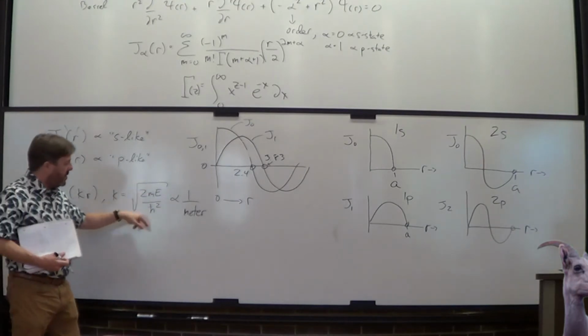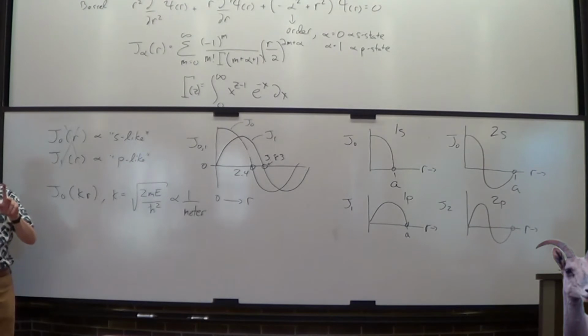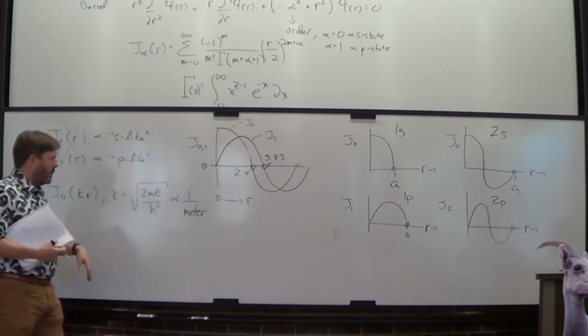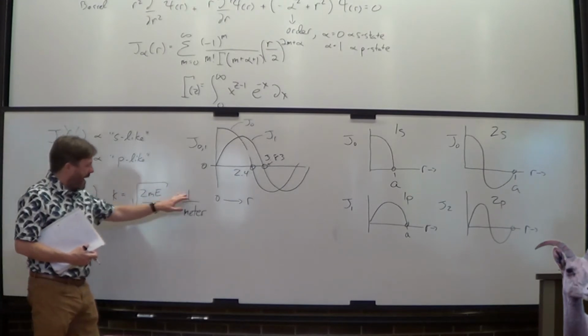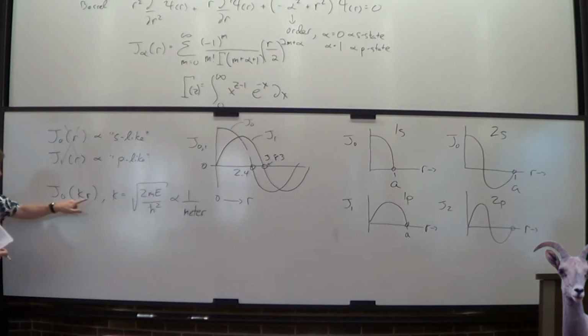Do the unit analysis, and our k's, which are wave vectors, which are almost momenta, you just need to multiply by h bar, and then it's momentum. They have units of 1 over meters. So now kr is 1 over meters times meters. Now there's no units to the argument, which is required.